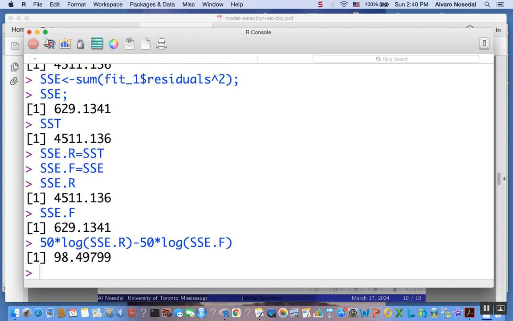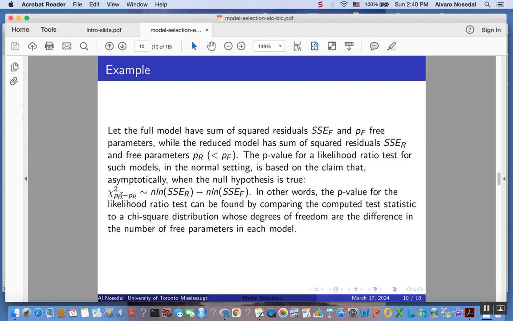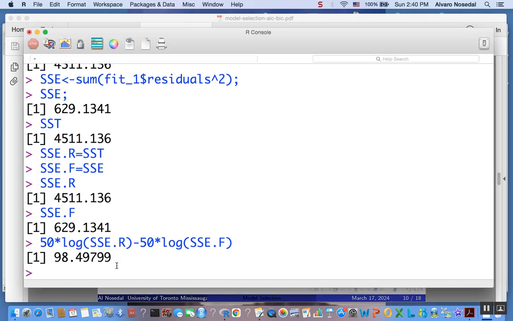So 98.49. Remember that we have 1 degree of freedom because the number of parameters in the full model is 2, beta 0 and beta 1, and the number of parameters for the reduced model is only 1 because we only have one parameter, the y-intercept. We know that the expected value for a chi-square is given by its degrees of freedom.